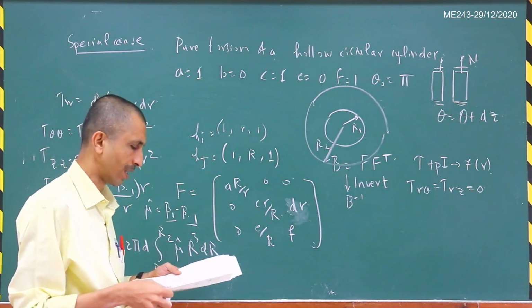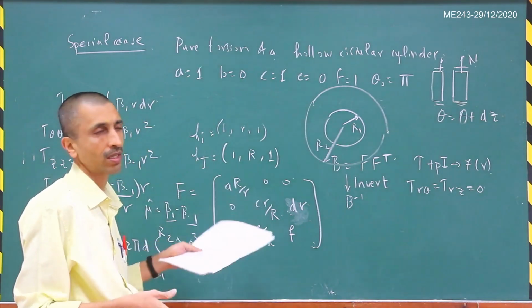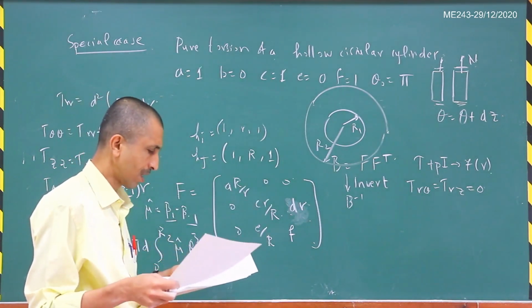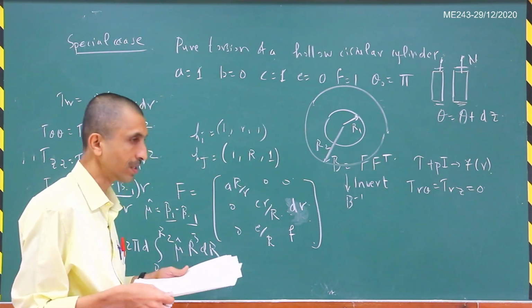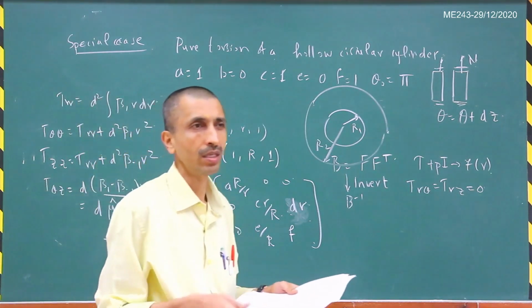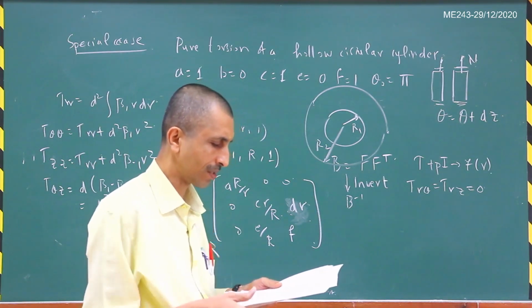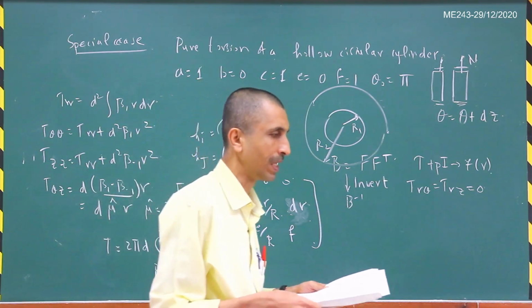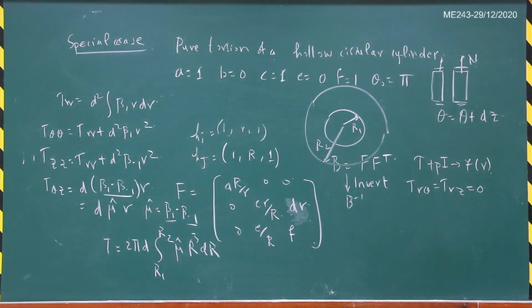Then you can get the results for special constitutive models. So I think this completes this topic about closed form solutions. There is one example in your assignment of a spinning cylinder, so you can solve that. That will give you a further idea about these closed form solutions.